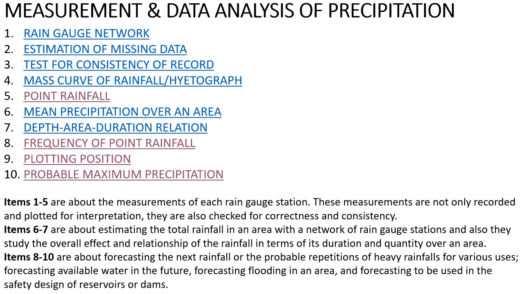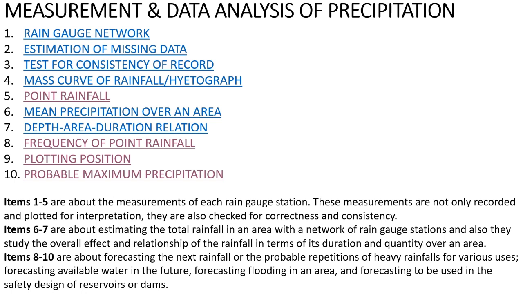So, they are also tested for consistency. Kasi, syempre, in an area, pwedeng magbago ang precipitation sa area na yun based sa change din nung pwedeng may change sa topography, change sa ecology ng area. We will discuss more later.